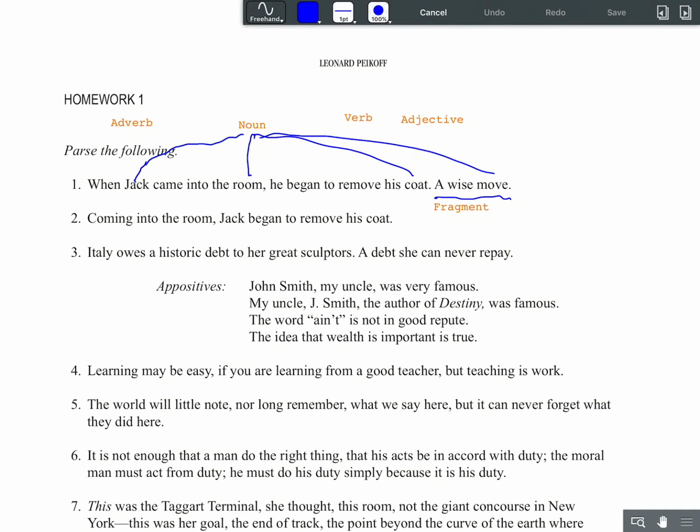And then we can go to the freehand tool and change the color. And adjective. So like wise modifies the type of noun, so that's an adjective. There might not be any more adjectives here.